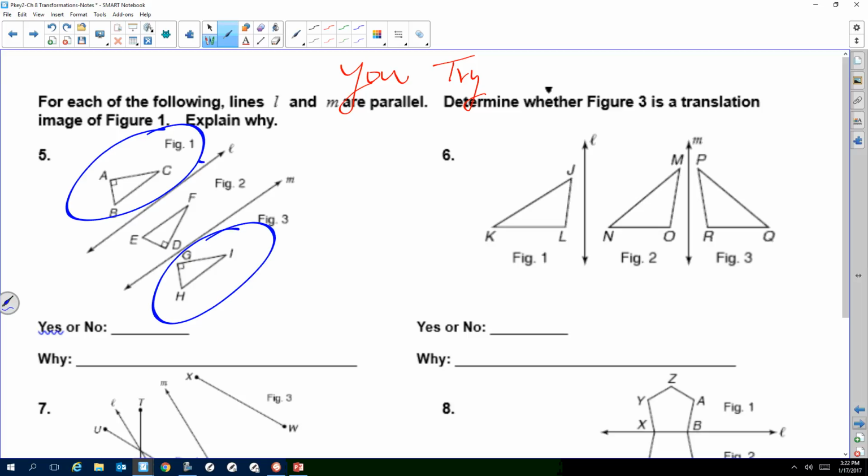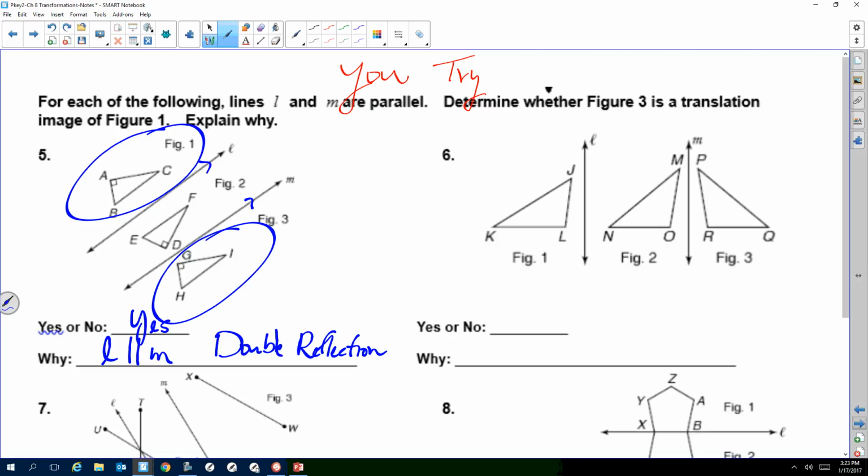The two lines are parallel. Would that be a translation? A slide? Yes. This first one is yes. But why? Because L is parallel to M. That's it. And you have a double reflection. Those two things have to happen. The lines have to be parallel, and you have to reflect them twice.